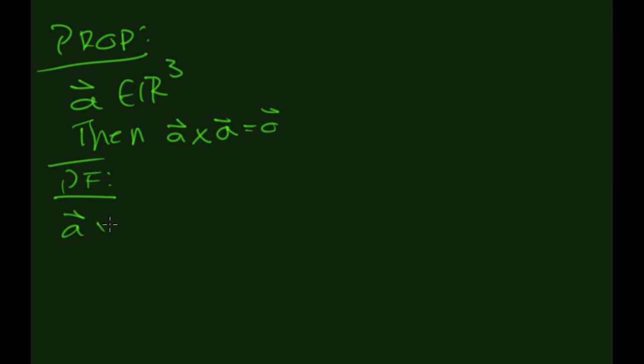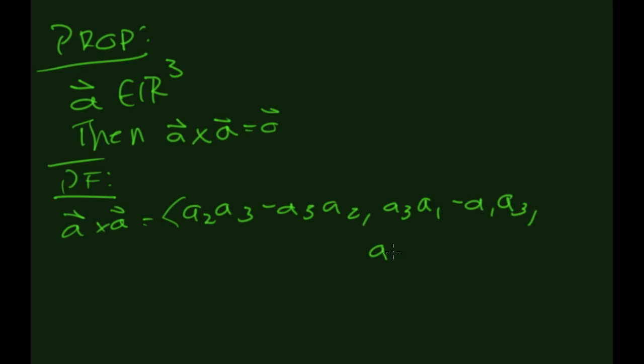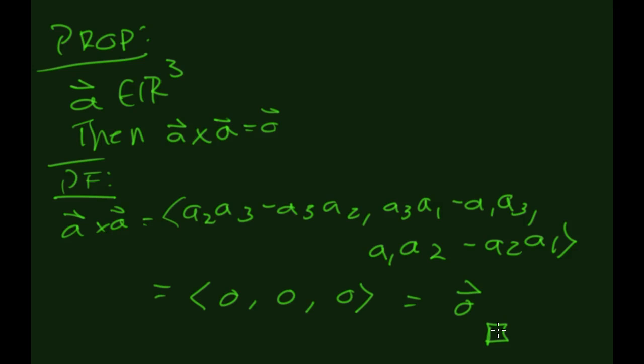If I take A cross A, this gives me A2A3 minus A3A2, A3A1 minus A1A3, A1A2 minus A2A1. If you look carefully, that's the vector 0, 0, 0, which is the 0 vector. So what we've proven is that any vector crossed with itself gives me this mysterious 0 vector.